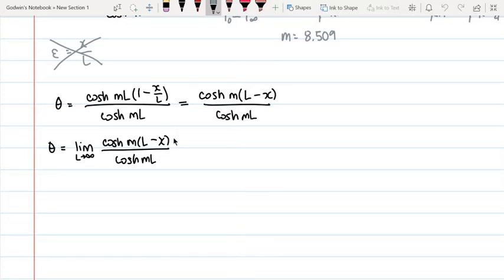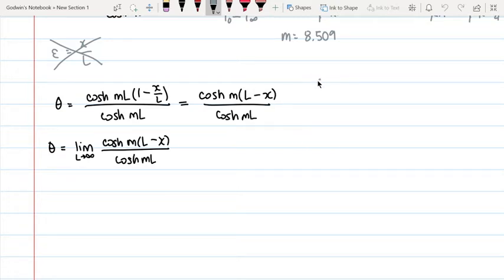But for first timers or like, ano tawag dito, people who haven't touched limits, especially ones with hyperbolic functions, it's just really the beginner's approach. So let's remember first what the hyperbolic cosine function is actually.